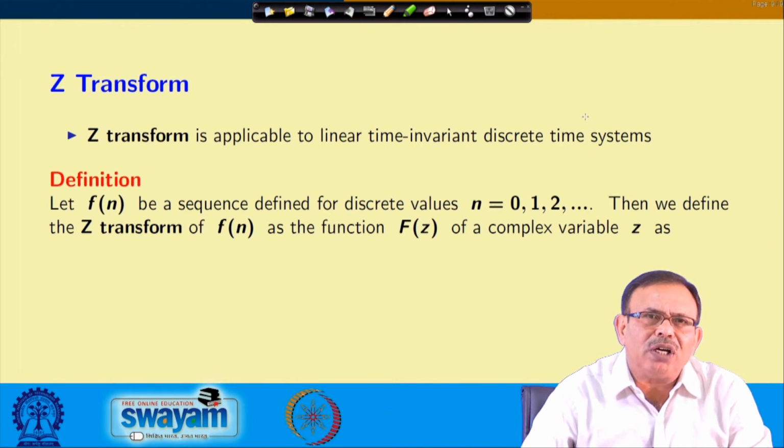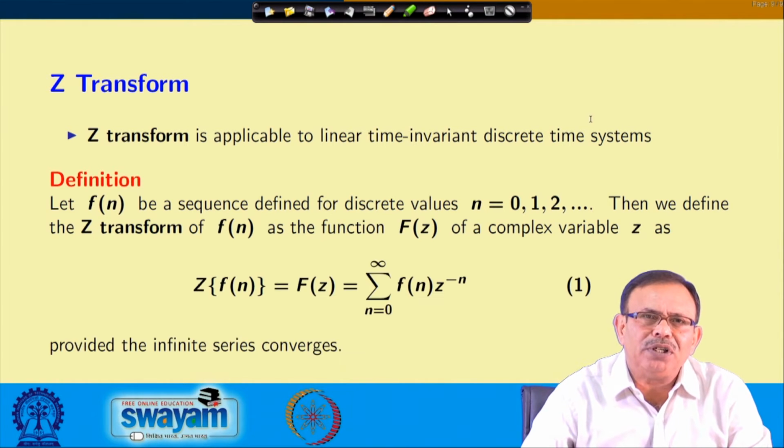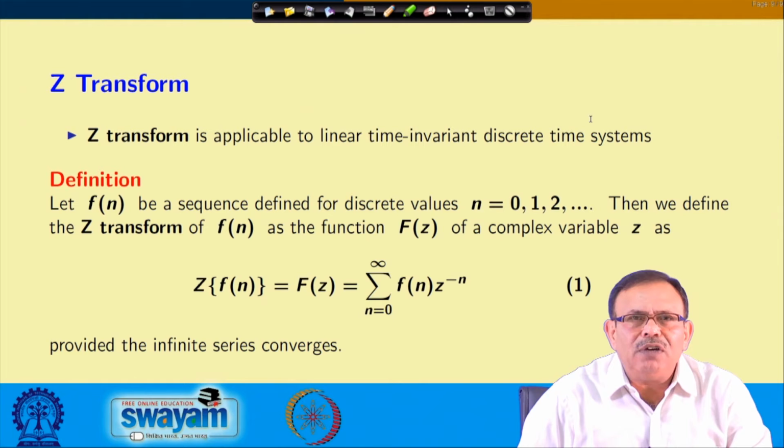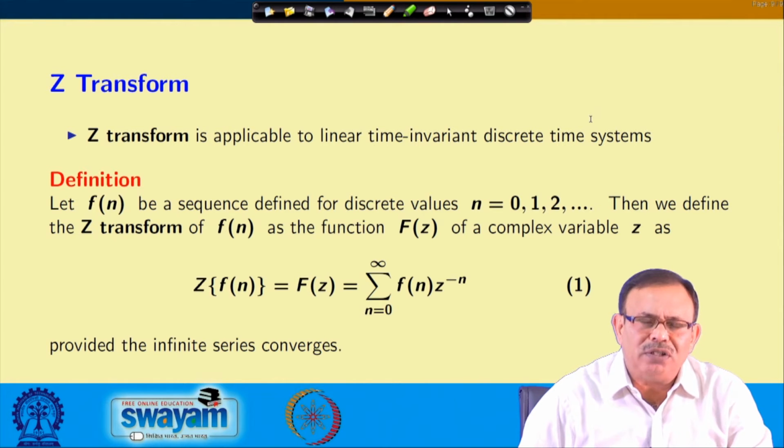The function f n is a sequence and the Z transform of f n is a function of z, where z is a complex variable, and which is defined as the Z transform of f n, which we write as capital F z, equals summation n equals 0 to infinity f n z to the power minus n, provided the infinite series converges.